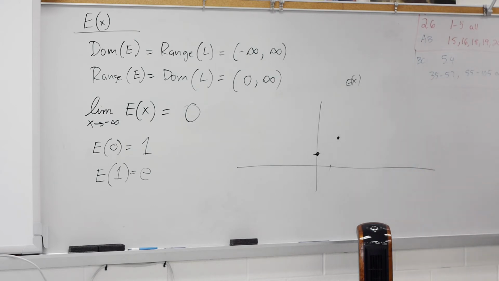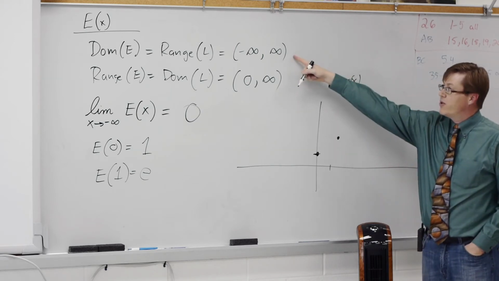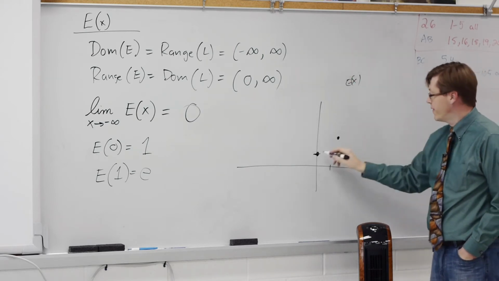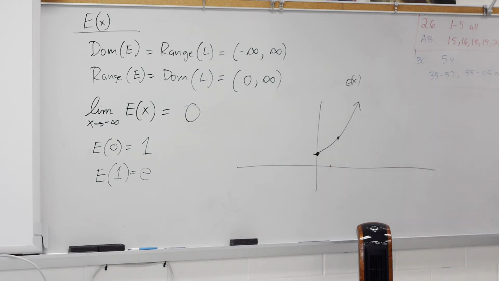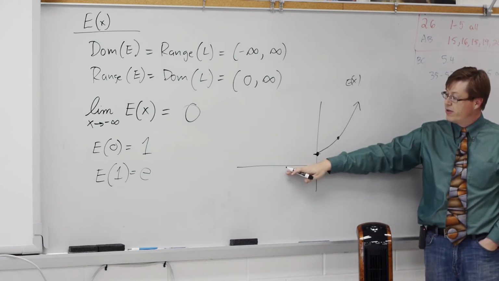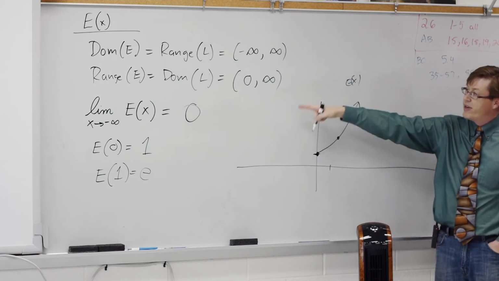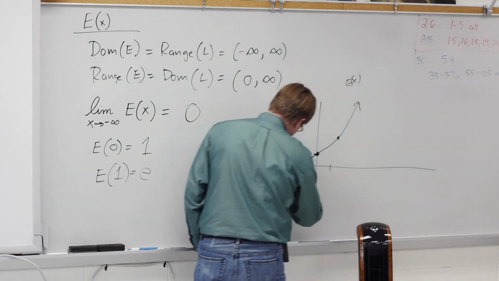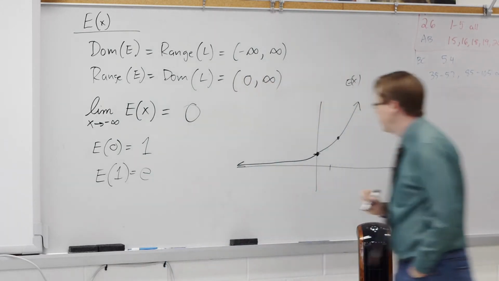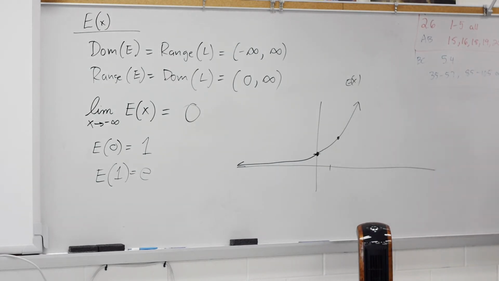So we'll say that's up there. I know its range goes to positive infinity, so it keeps going like that. But I know it goes all the way down to 0 here and to negative infinity. And the limit as I go to negative infinity has to be 0. So 0 has to be a horizontal limit. That's the graph of E of x.